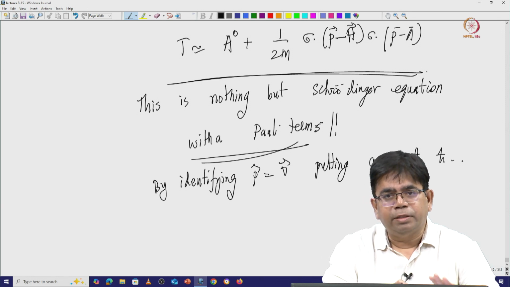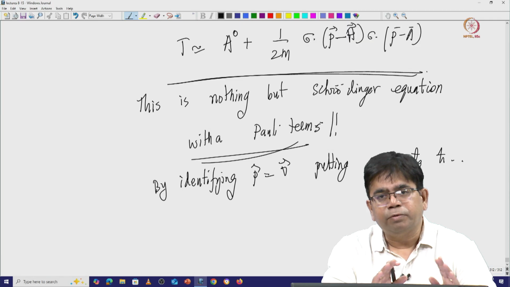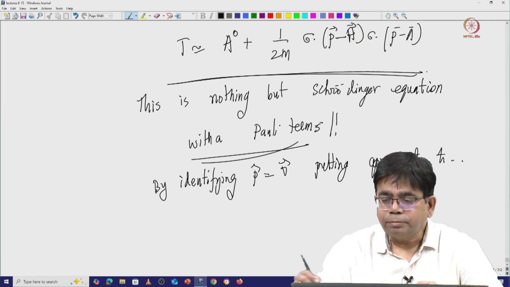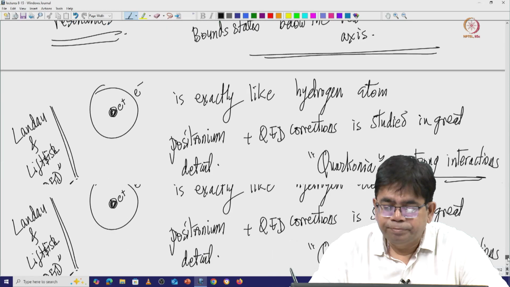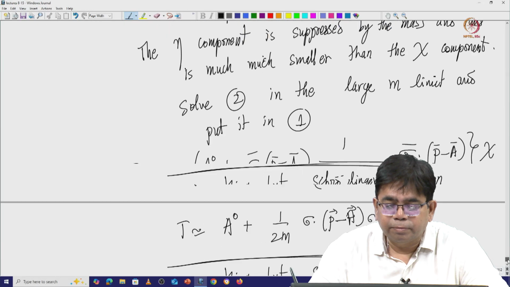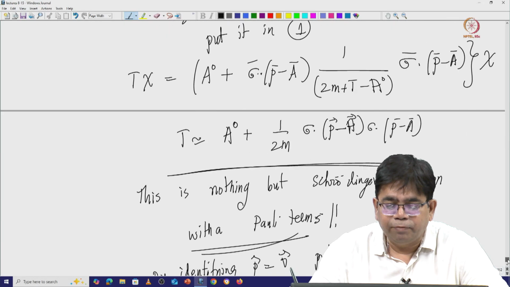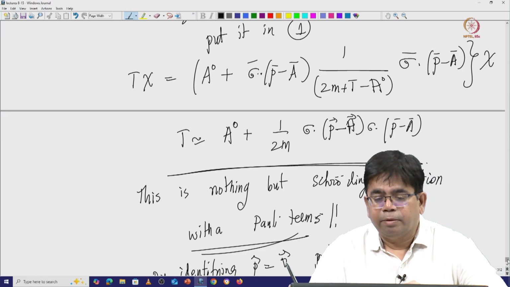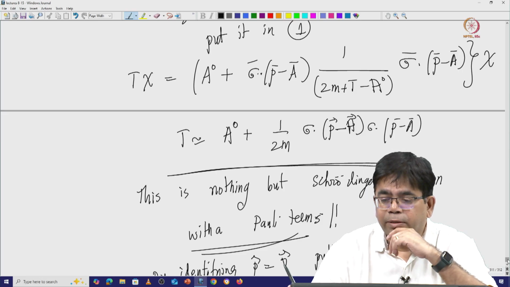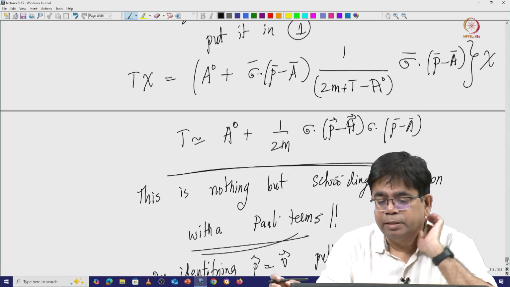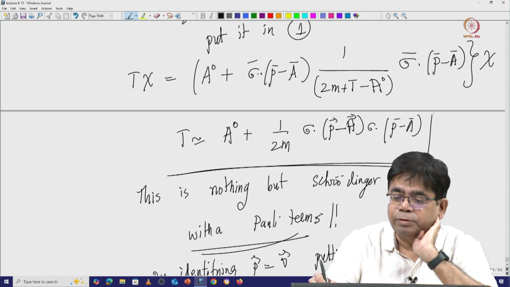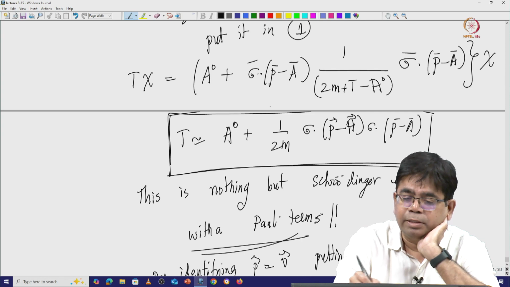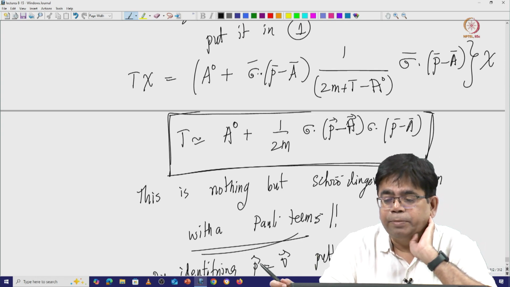What we did was choose one particular wave function and put it back in, and because m is large we can neglect the other terms and end up with this relation. Like I told you, this is nothing but your Schrodinger equation with the Pauli terms.